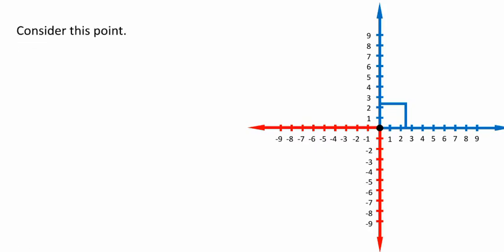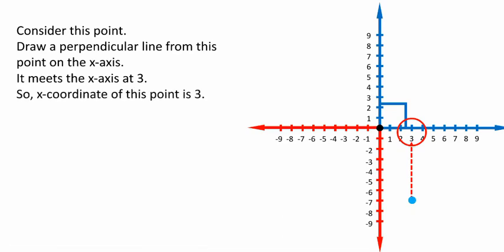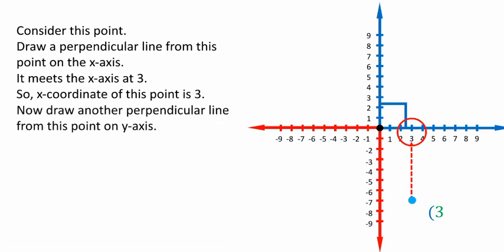Consider this point now. Draw a perpendicular line from this point on the x-axis. It meets the x-axis at 3. So the x-coordinate of this point is 3. Now draw another perpendicular line from this point on the y-axis.